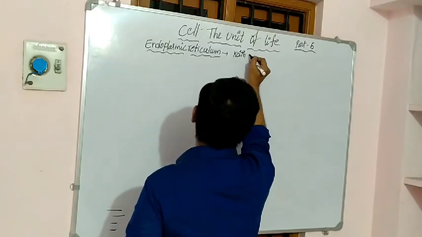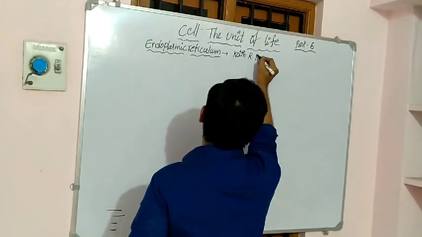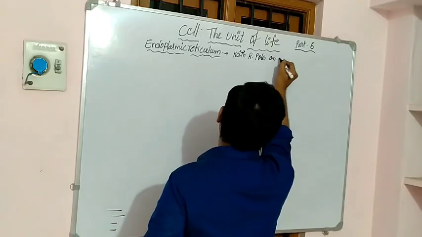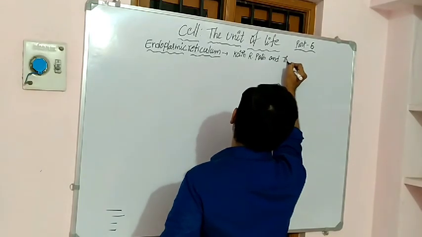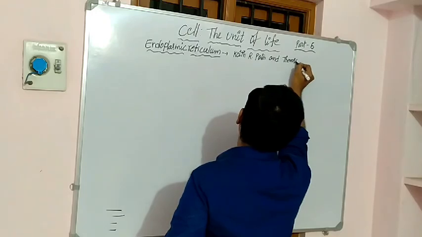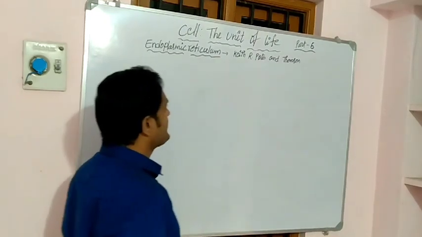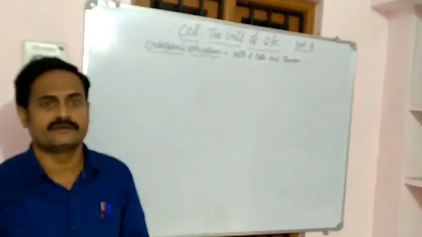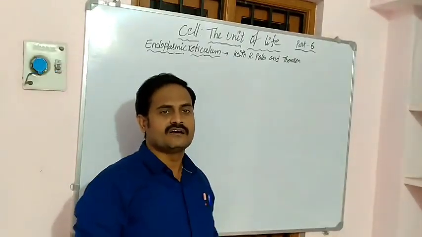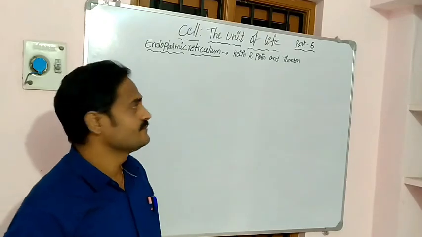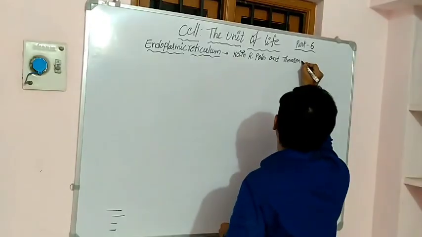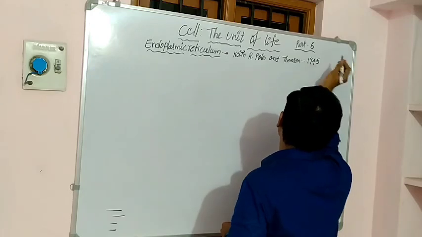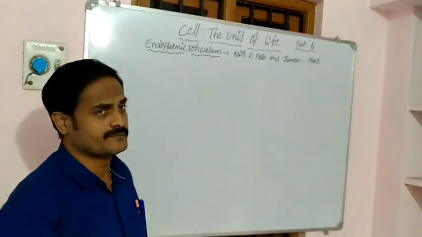Keith R. Porter and Thomson. These two scientists discovered the endoplasmic reticulum, which is located in the eukaryotic cell, in the year 1945.